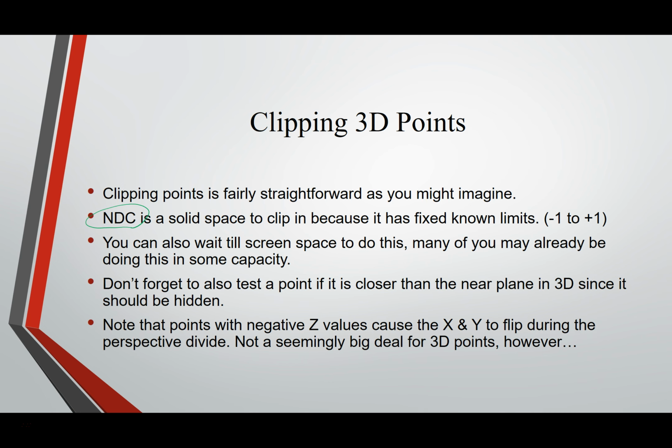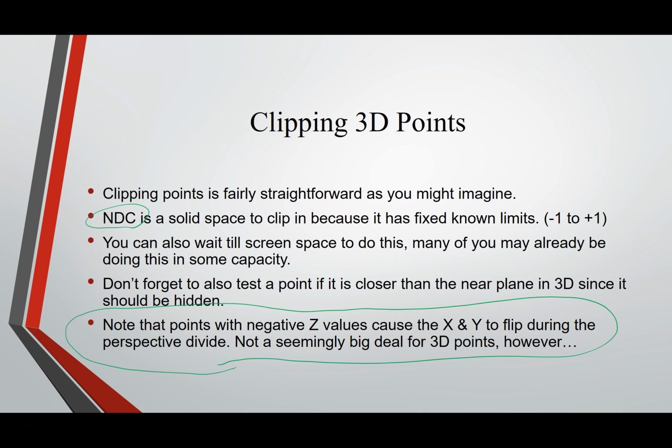There is one thing to watch out for, though. And this doesn't really have to do with points, but something we'll have to think about moving forward. When you have a point with a negative Z value in view space, then projection space, this can be a problem.